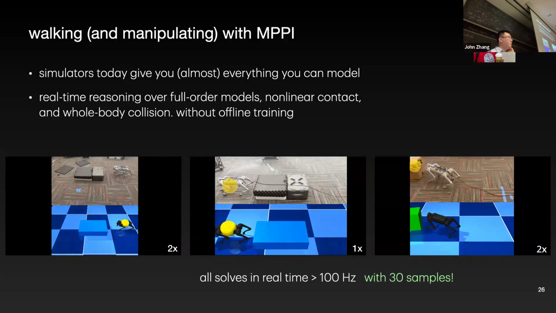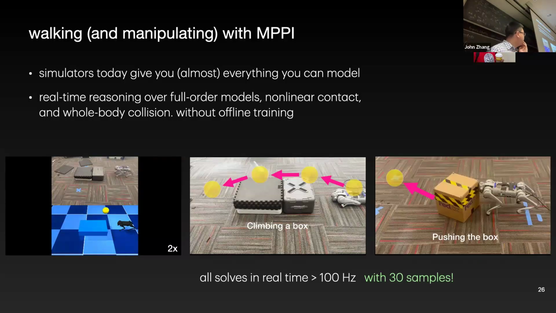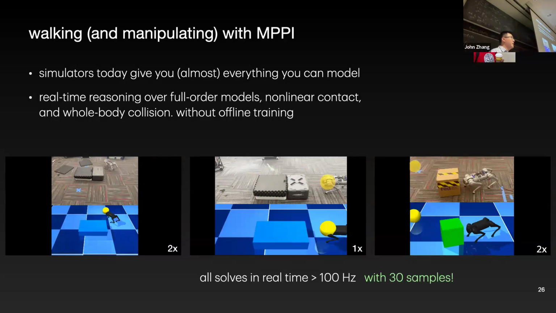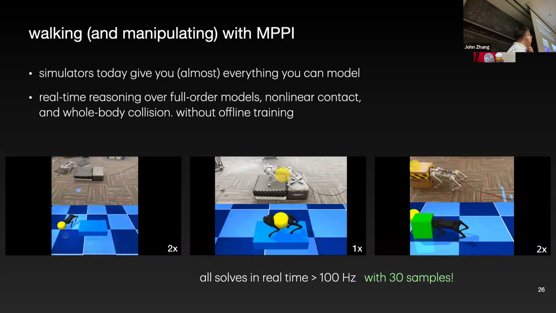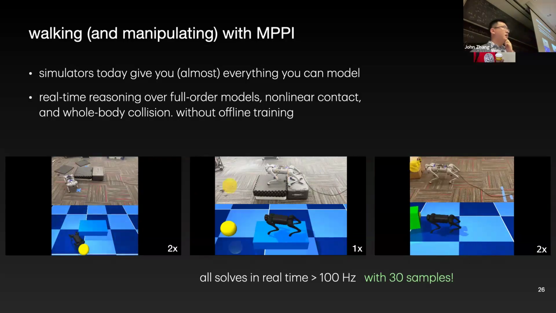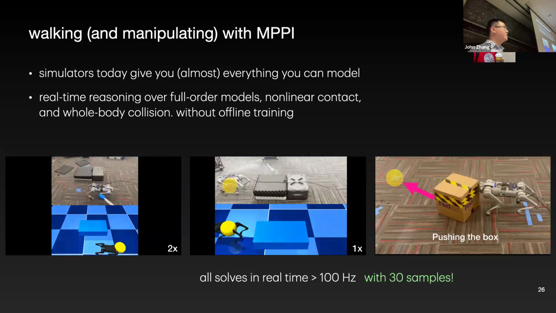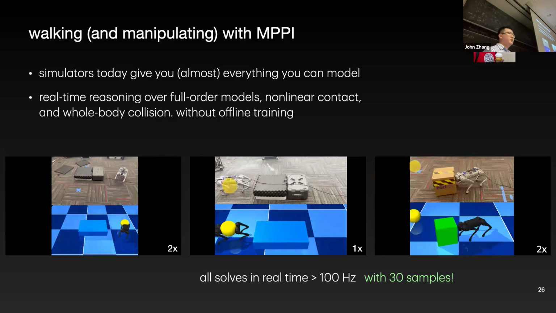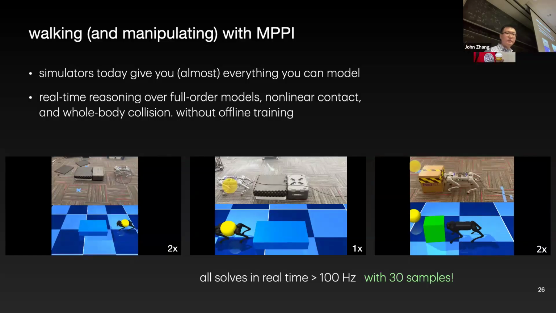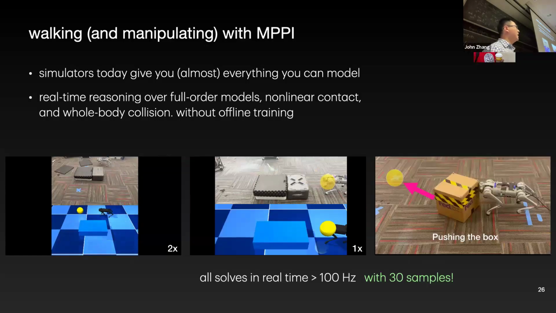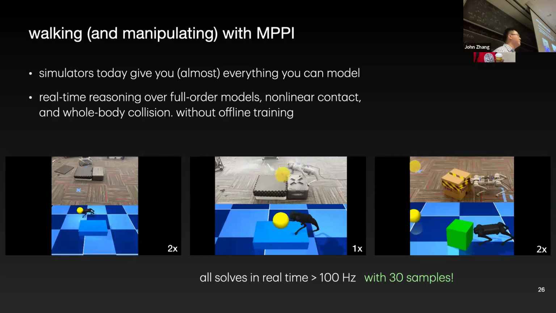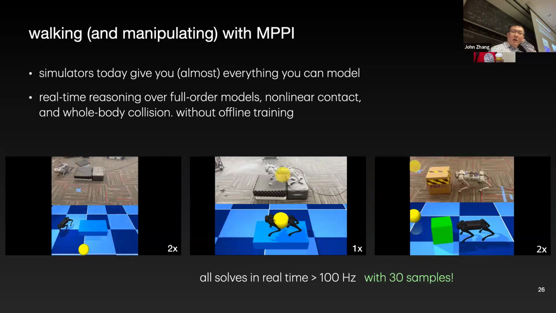And the one surprising bit, which I would argue is that you actually don't need that many samples. You want to live in the small sample regime and update your policy quickly, which is maybe the main difference between our work and some of the other folks doing MPPI for legged robots.